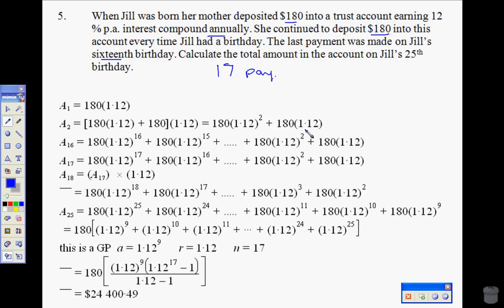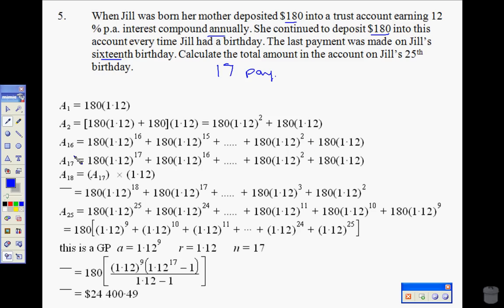Then we expand it out, and that keeps going through until the 16th. After 16 years, that's after her 16th birthday, the 16th payment gets put in.